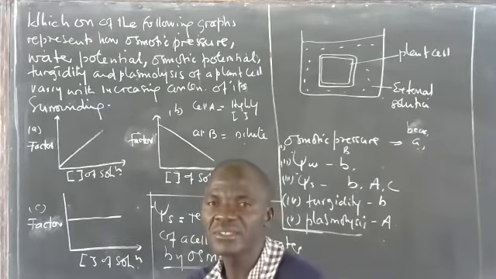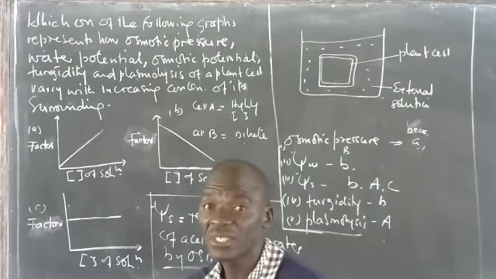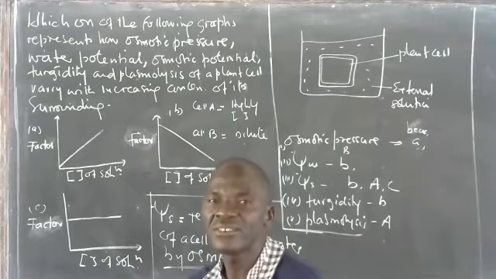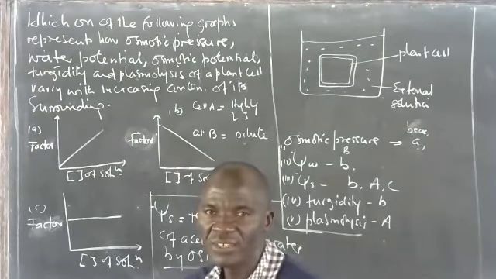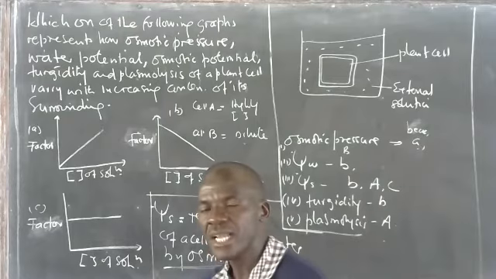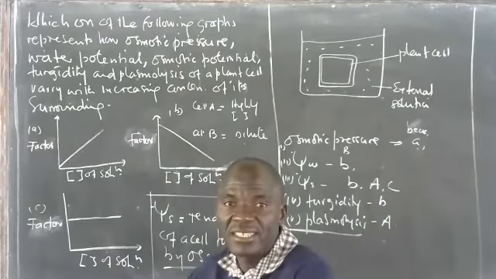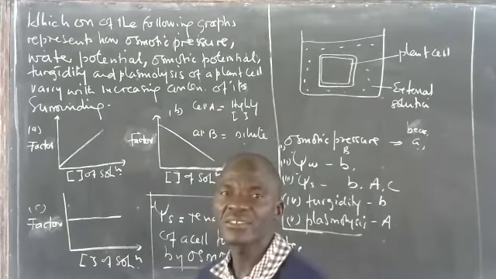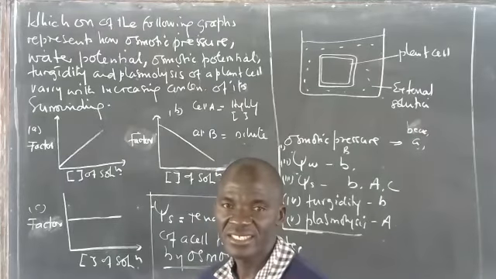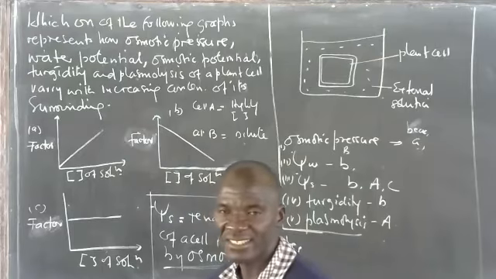The higher the water molecules, the higher the water potential, the higher the solute potential, and then the higher the tendency of that cell to lose water by osmosis. So you can simply say a solute potential is the measure of the tendency of a cell or a solution to lose water by osmosis. The higher the concentration, the lower the tendency. The more dilute the solution, the higher the tendency.